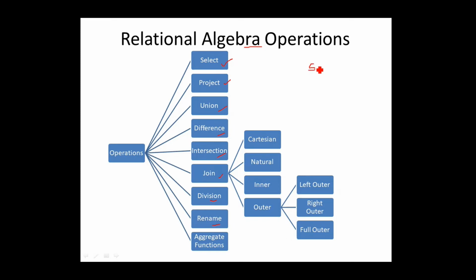You would have learned all these things in SQL too. For instance, join may be a familiar term for you: Cartesian, natural, inner, outer join. The concept as such, how it works, is exactly the same. Whatever you have learned here is what is actually proposed in relational algebra too. So this concept of SQL was derived from relational algebra.